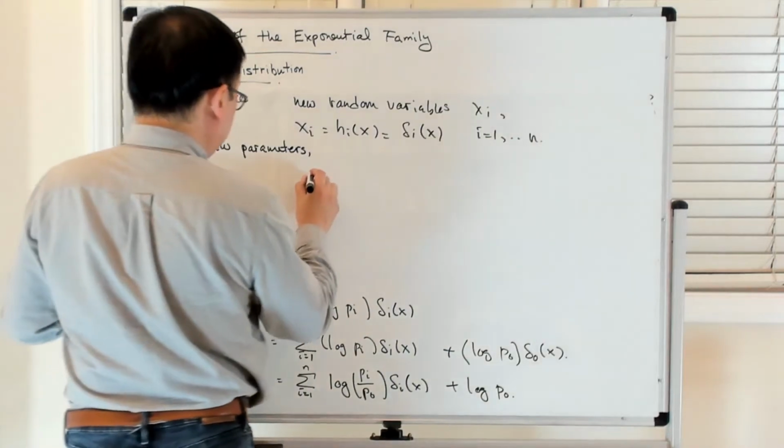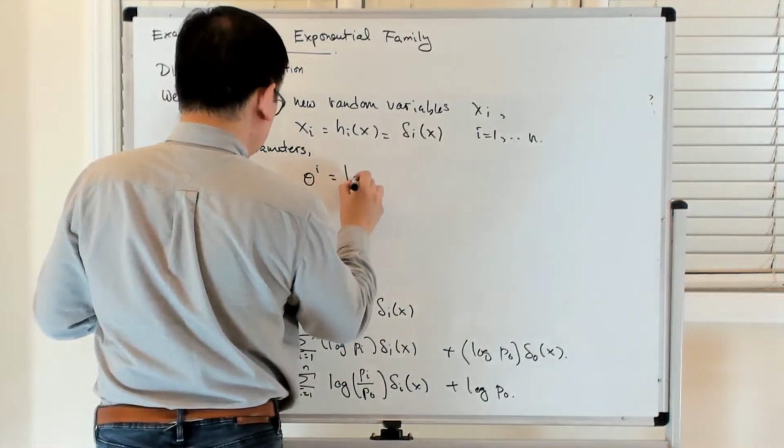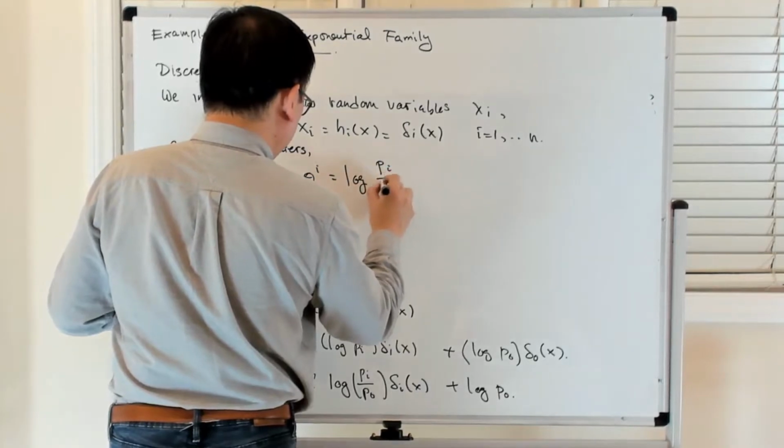So the theta i's, theta super i's, are log of p sub i divided by p sub 0.